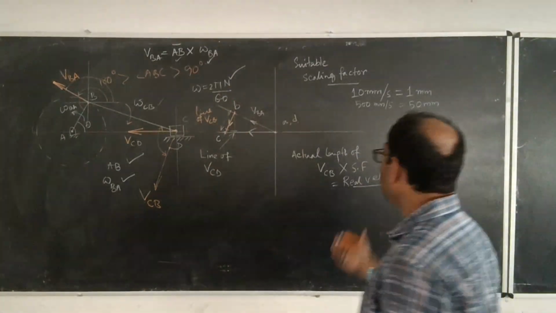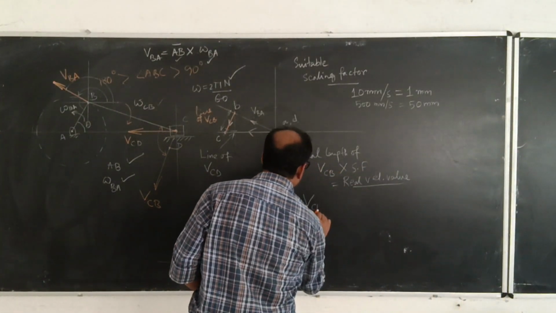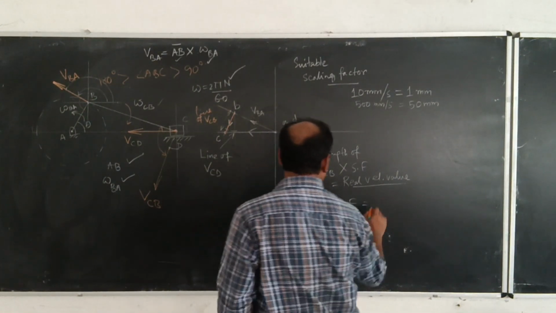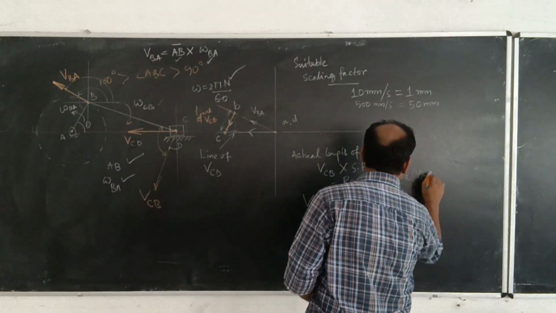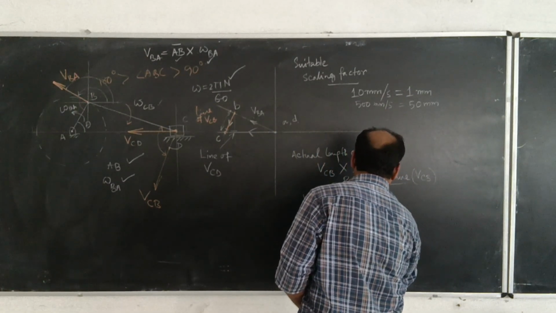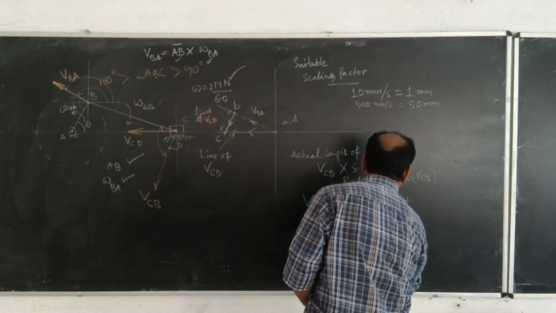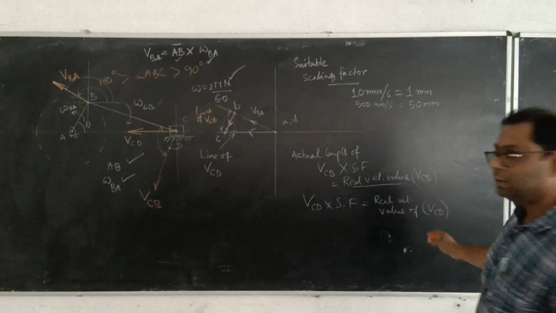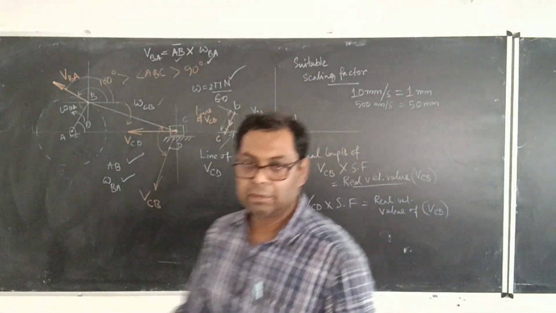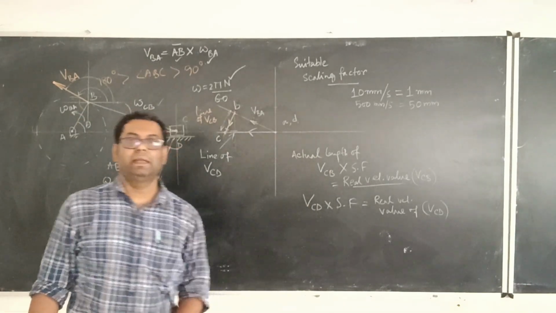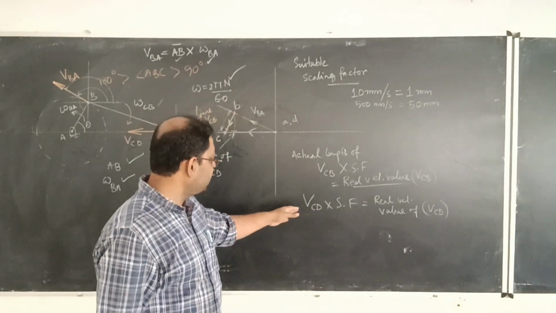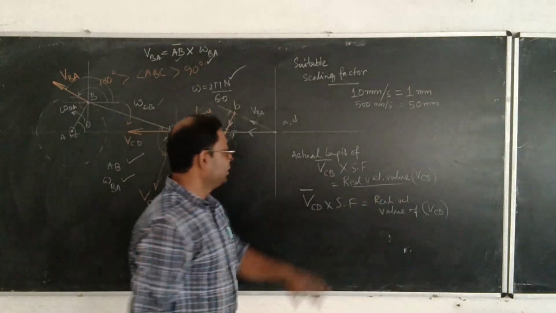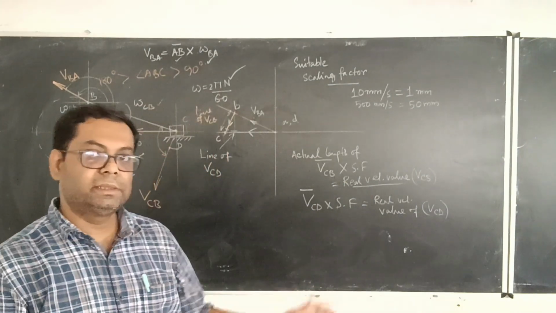The same process can be applied for VCD. Done. This is how, I guess all of you can see this right now. So this is how it can be done: the length of VCD into the scaling factor is the real velocity value of VCD, like that.